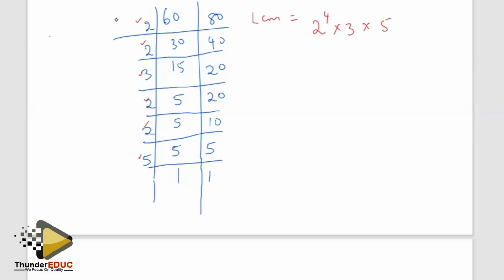When I punch that into my calculator, 2 to the 4 times 3 times 5 gives me 240. That is my LCM. Or you can just go on saying multiples of 60: 60, 120, 180, and so on, and you still get the same answer.